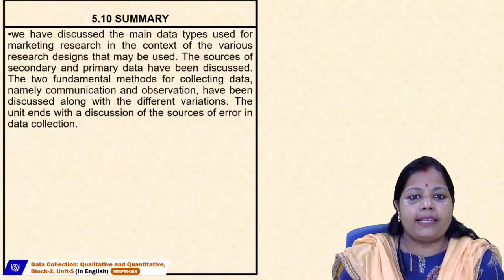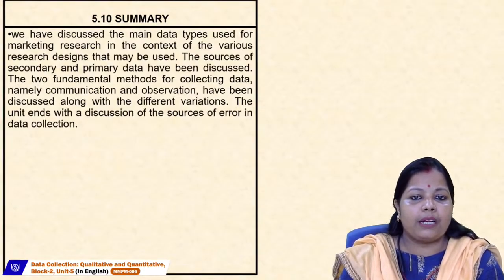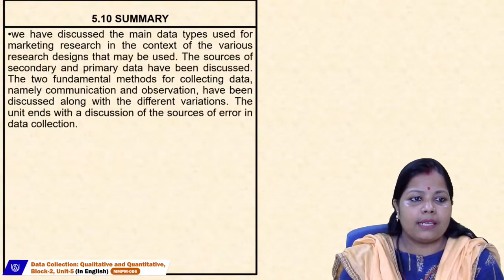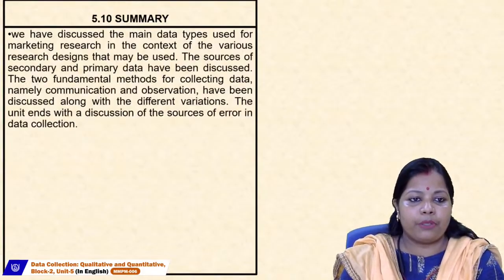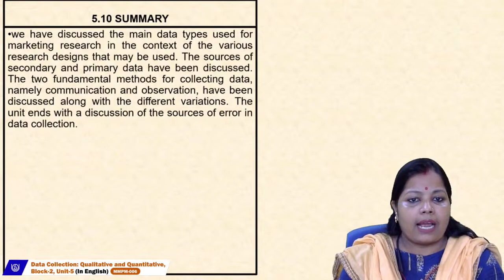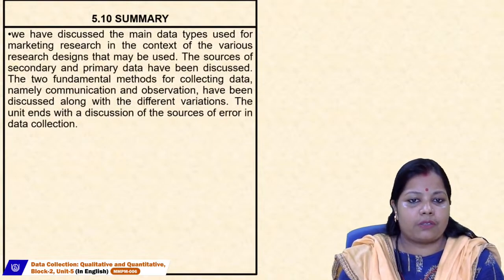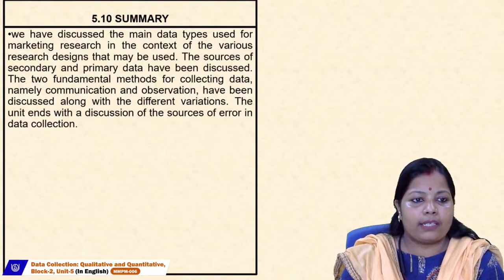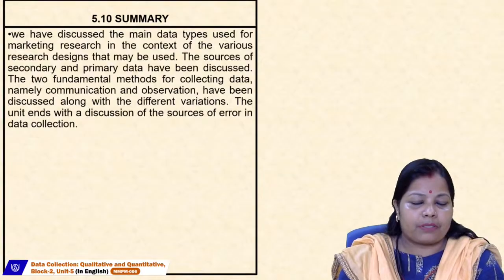What kind of data is required was discussed in that chapter, and the sources of secondary and primary data have been discussed, which must be understood first by the researcher. Then the two fundamental methods of collecting data, namely communication and observation, and the different variations for which errors occur. All these things we covered in the chapter.